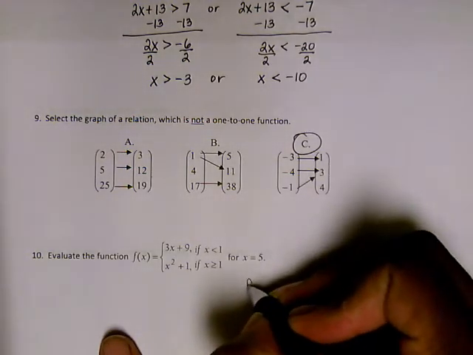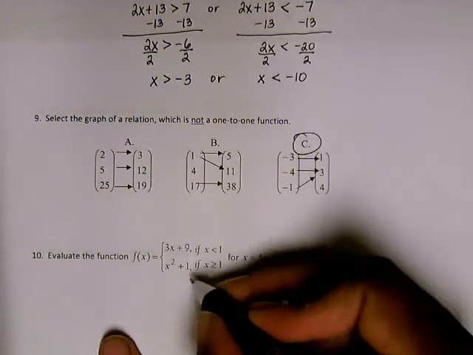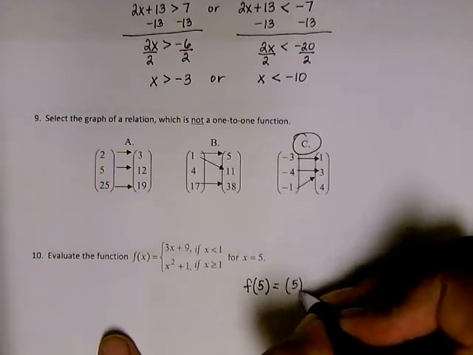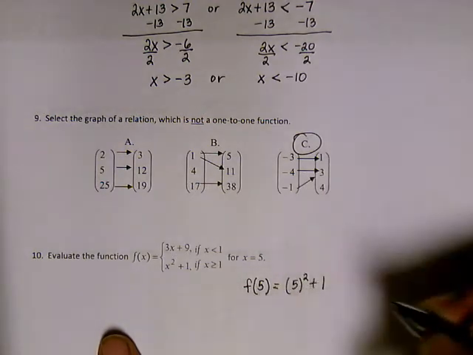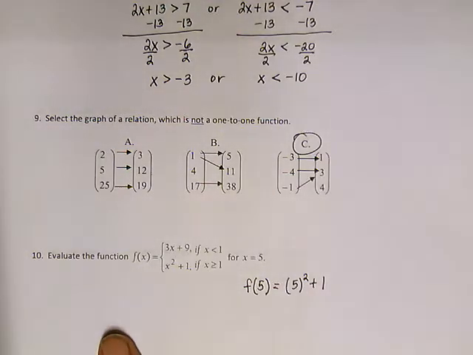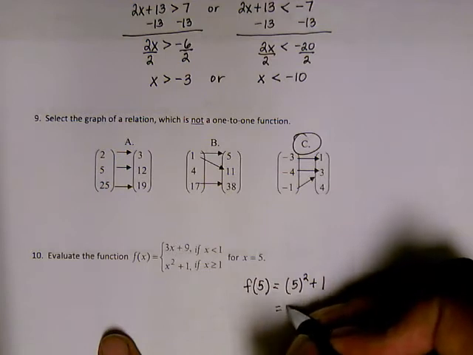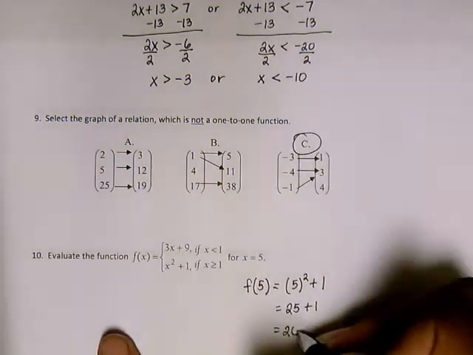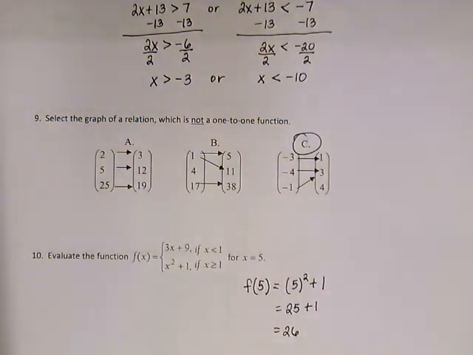So we're evaluating f of 5 using x squared plus 1, and x is replaced with 5, so it'll be 5 squared plus 1. Now 5 squared is 5 times 5, that's 25. 25 plus 1 gives you 26. So the value of that piecewise function at x equals 5 would be 26.